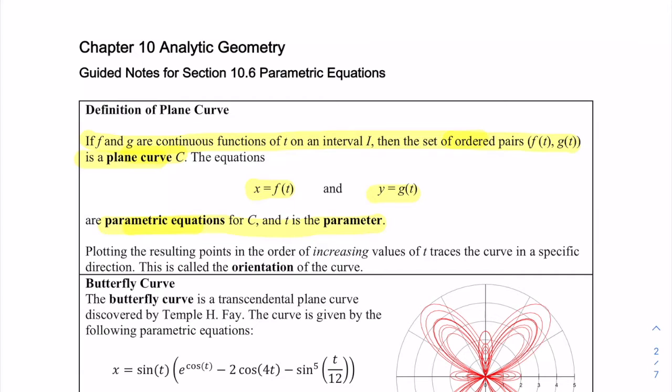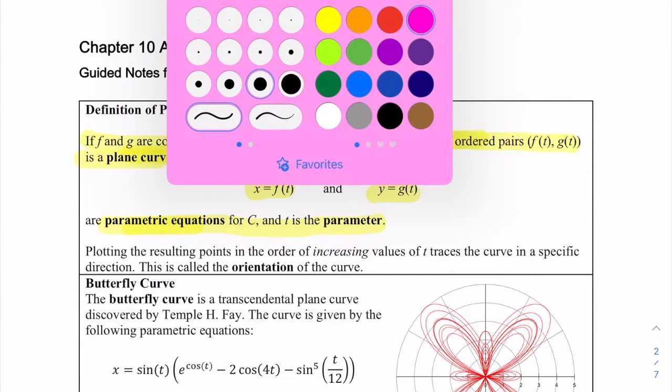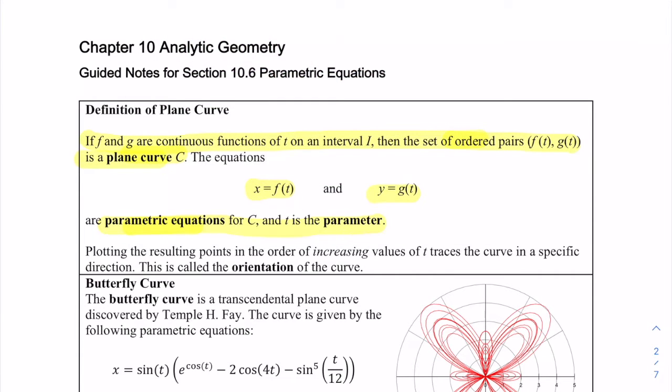I really want to emphasize that, like I said, the parametric equations give more of a story. When we start plotting, the points are going to be in order of increasing values of t, and that's going to give us the orientation of the curve.